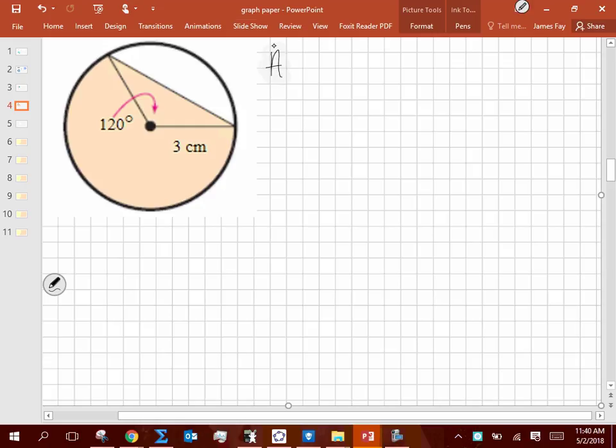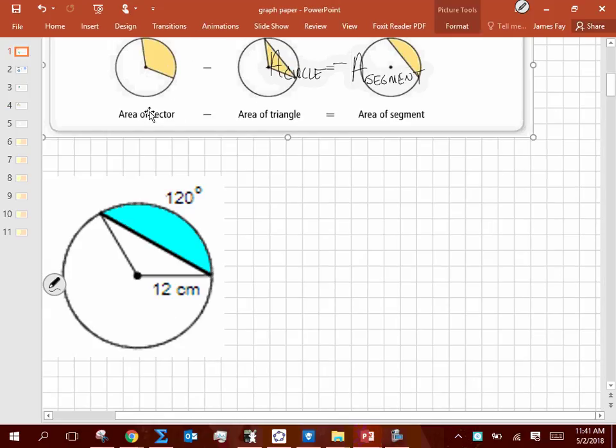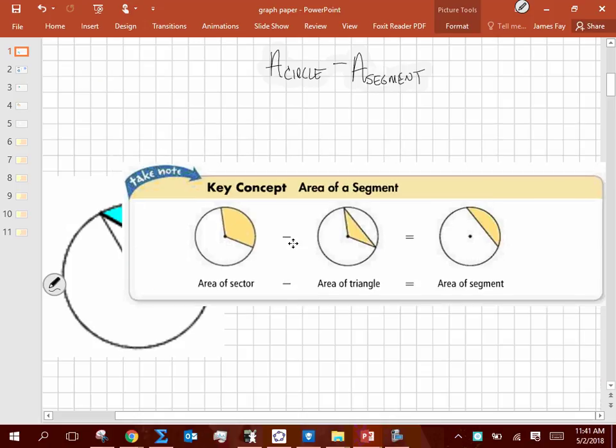I'm going to take the area of the entire circle, and subtract away from it the area of the segment. Now, that's kind of involved because if you remember, the area of a segment is this procedure here.